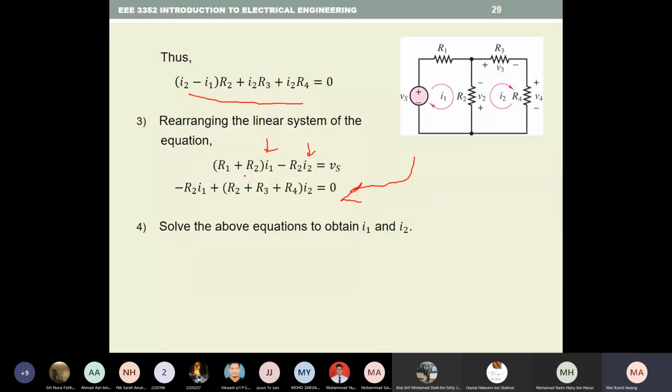So R1 plus R2 times I1 minus R2 I2 equal to Vs, and minus R2 I1 plus R2 plus R3 plus R4 times I2 equal to 0. And you can use simultaneous equations to solve for I1 and I2. You can use Cramer's rule, or you can use a normal simultaneous equation method.